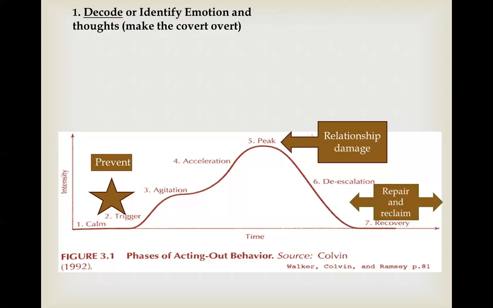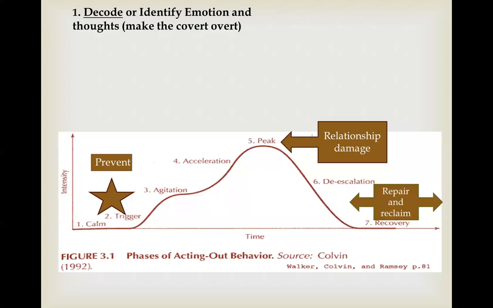The students' emotions don't occur necessarily within students' conscious purview, and they don't have the language to label them and take ownership of them. So the first thing we're going to do is label the emotion and the thoughts that they may have, the private reality for them.